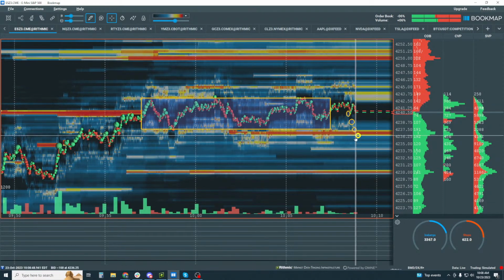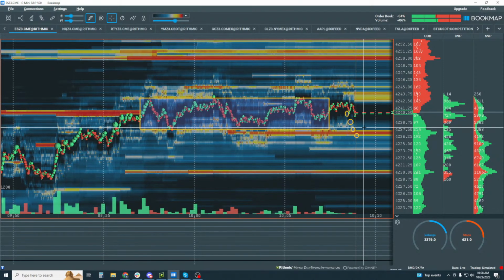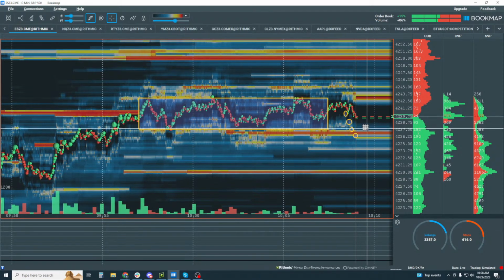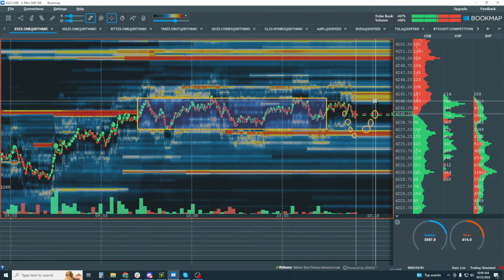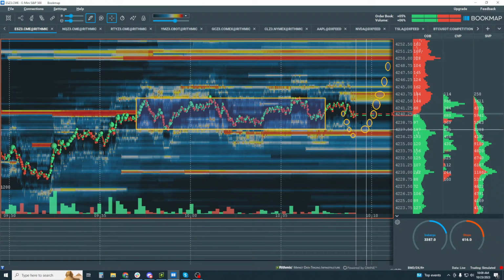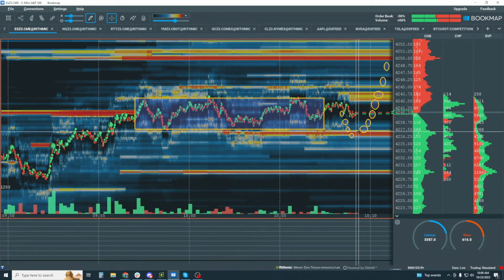We see trapped sellers, the market pulls away very quickly and comes back up, and then maybe we'll get some big green dots up in here, and then they will lift that market higher, right? So that's one or two of these scenarios at this level down here.